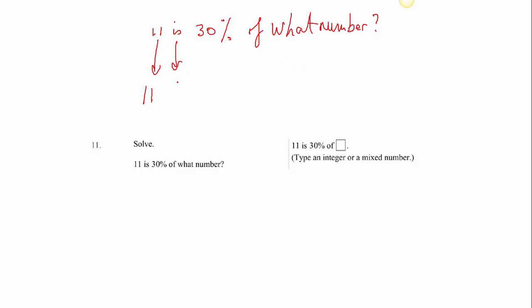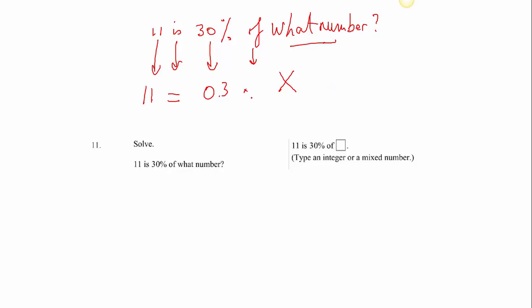Is will change to the equal symbol. 30% will change to 0.3, because when we change a percent to a decimal, we divide by 100. Of changes to multiplication. What number is the variable x. Look how easy it is. You just change the word problem to an algebraic equation: 11 equals 0.3 times x.